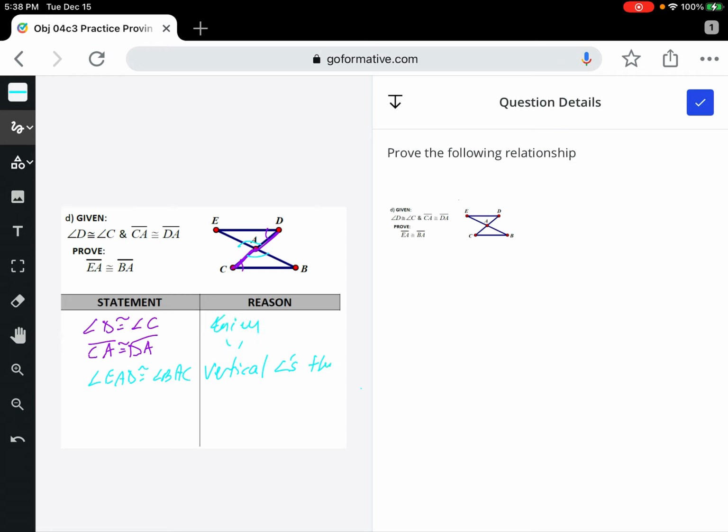So I know that triangle EDA must be congruent to triangle BCA, by angle, side, angle. And that said, if I know the triangles are congruent, I know EA must be congruent to BA, because corresponding parts of congruent triangles are congruent.